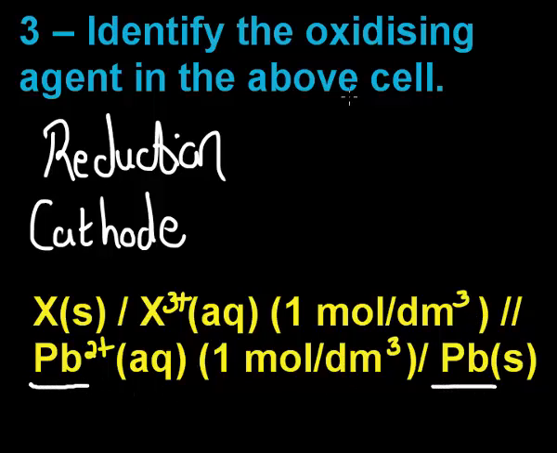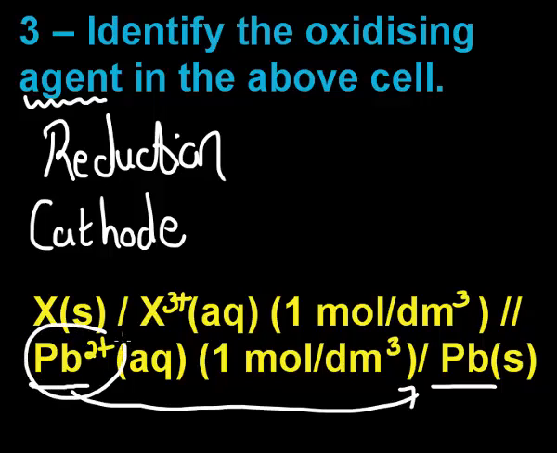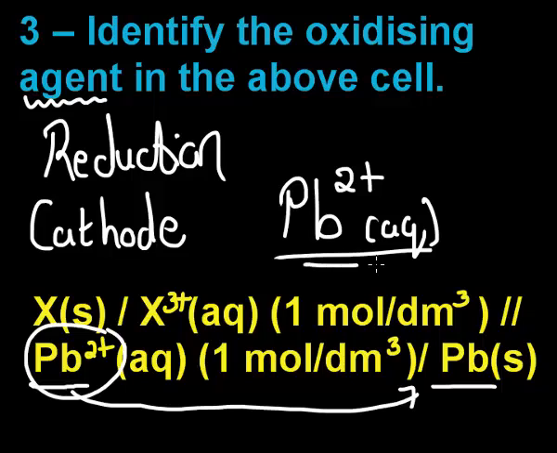But to identify the oxidizing agent, it's always the very first part that our reduction half reaction would start with. So it starts with Pb2+ going to Pb, so that's how come Pb2+ is, in this case, the oxidizing agent. Do take note that it's not Pb, it must be the ion of Pb, that is Pb2+.